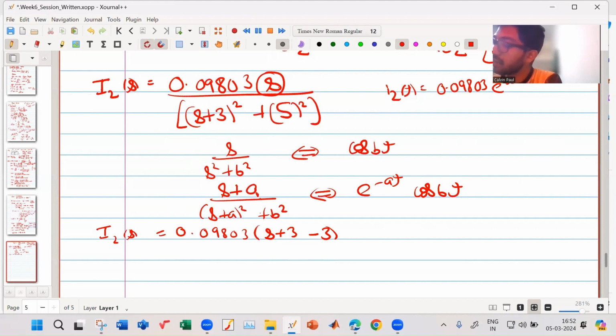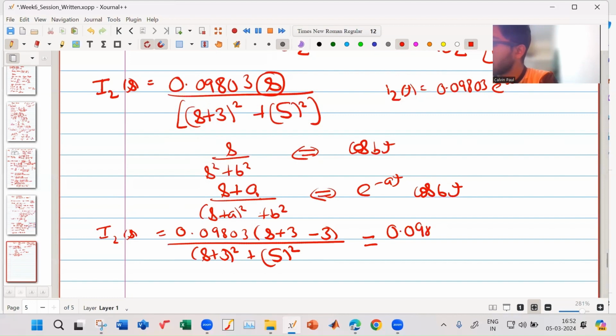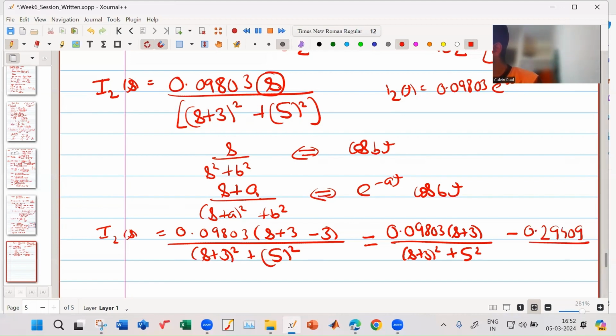So this comes out to be 0.09803 into S plus 3 upon S plus 3 the whole square plus 5 square minus 0.09803 into 3, that is minus 0.29409 upon S plus 3 the whole square plus 5 square.